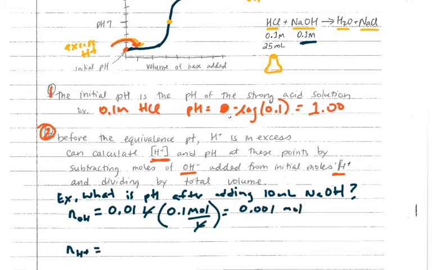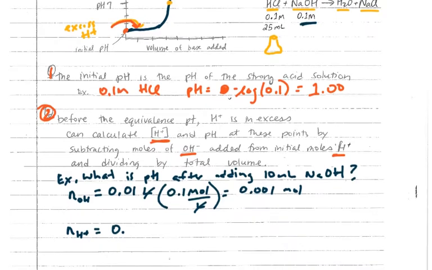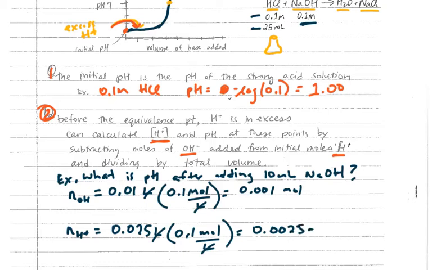And for the moles of hydrogen, we have 0.025 liters. This was our volume, 25 milliliters. So that's 0.025 liters, and the concentration is 0.1 moles per liter. So we have 0.0025 moles of H plus, and this is our number of moles of hydroxide.